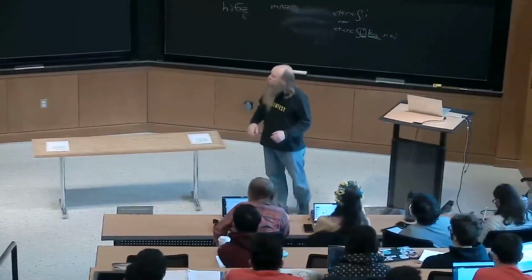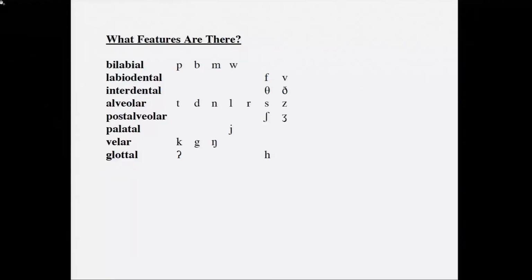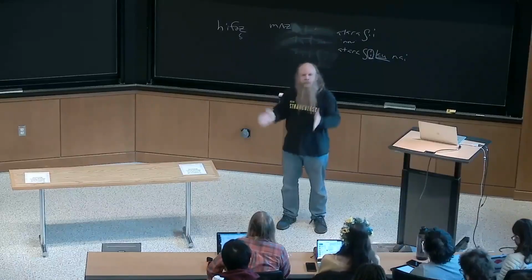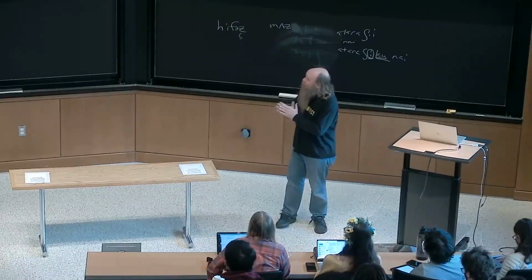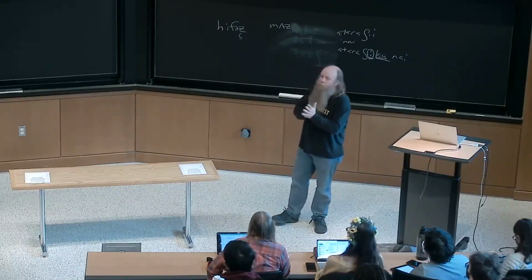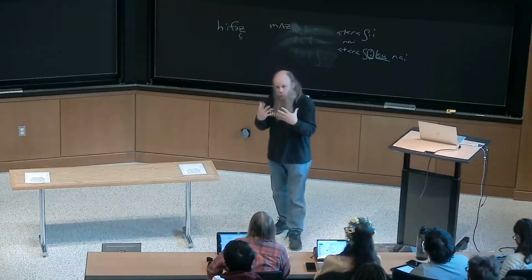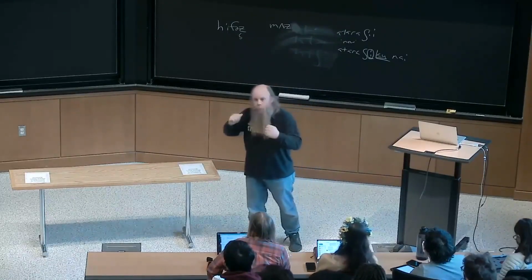So what I want to do today is to introduce you to some other kinds of classification. And I'll, as much as possible, try to show you places where languages care about a particular class of sounds. Again, this is all in the service of making it easier for us to understand why certain kinds of sound changes are natural and others are not.